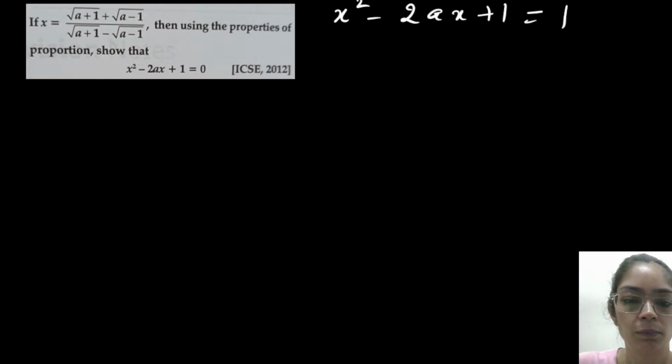In the previous question, we had to find the value of x, but here we have to show something. Show means it is a proof type of question. So this is x square minus 2ax plus 1 is equal to 0.